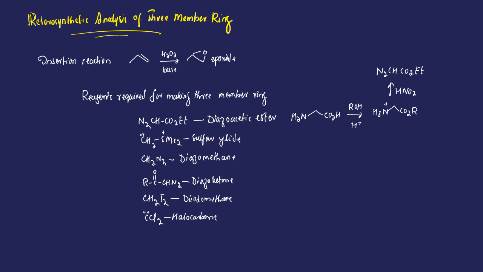As far as sulfur ylide is concerned, usually it is made from sulfides such as dimethyl sulfide that can act as a nucleophile, and it is reacted with methyl iodide in SN2 fashion, and we get Me3S plus.